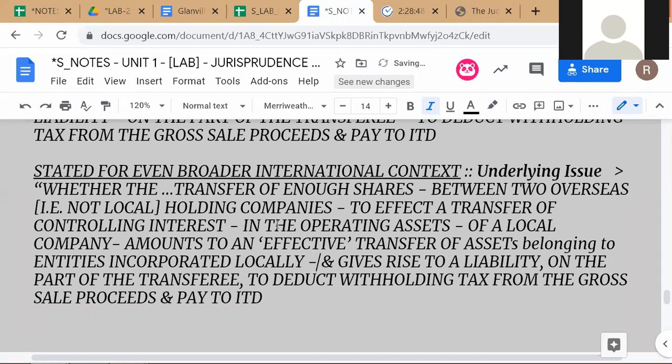So the withholding tax provisions are the same for every country. The question is whether the transaction is such that it gives rise to a withholding tax liability.